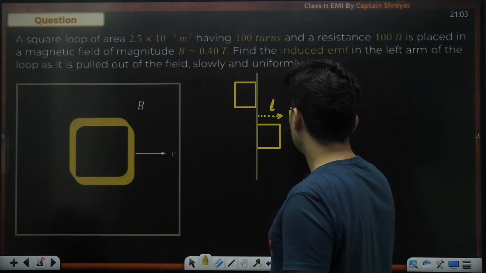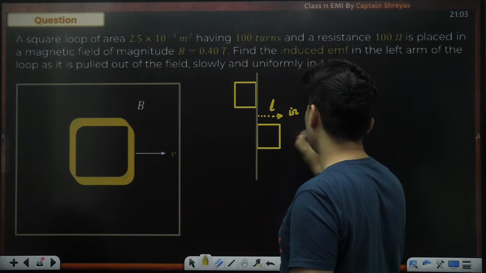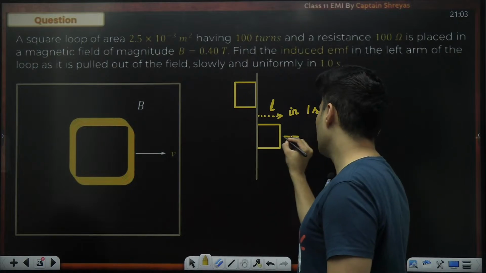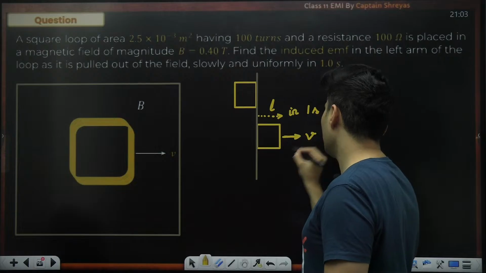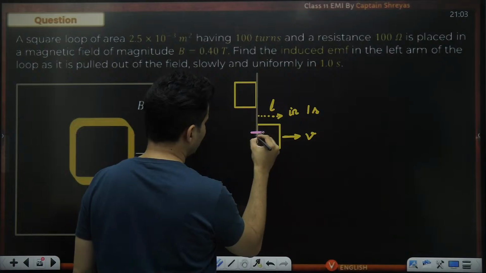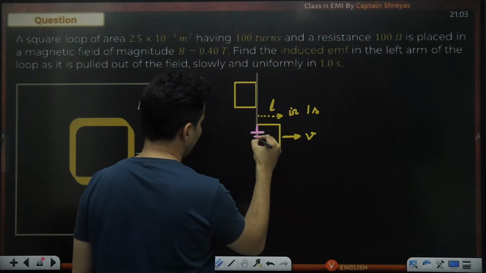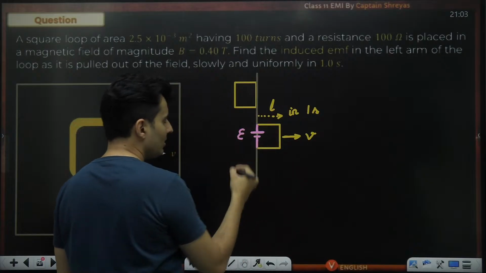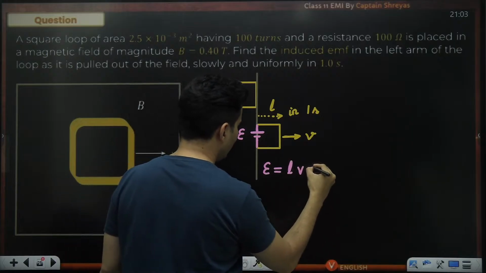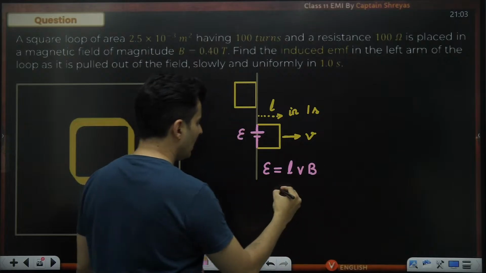In 1 second, you have moved it. From this, we can definitely get the velocity. From this, we can definitely get how much EMF was there over here. There will be some EMF. We can easily get that EMF, which will be L into V into B. Now, how much is that length?